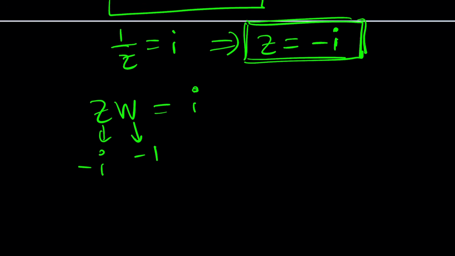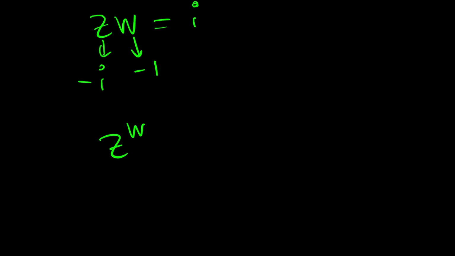Now, what could be an alternative solution for an equation like this? Let's go ahead and take a look at an alternative, right? So here's the original problem, and we're trying to look for something different. Well, one thing you can do here is isolate w and write it as i over z.